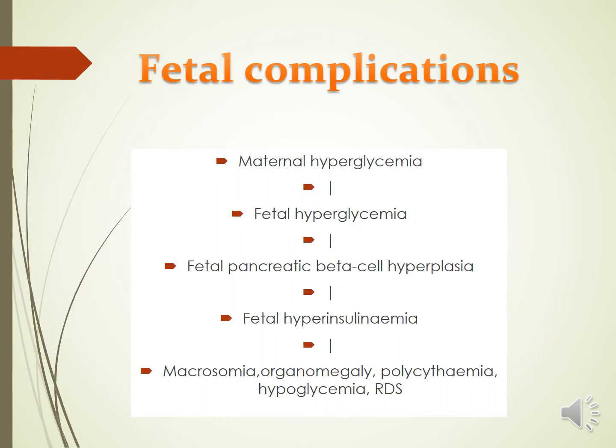Regarding fetal complications, maternal hyperglycemia will cause fetal hyperglycemia, and this will stimulate the pancreas of the fetus, leading to hyperplasia and fetal hyperinsulinemia, and this will cause macrosomia, organomegaly, polycythemia, hypoglycemia, and RDS.